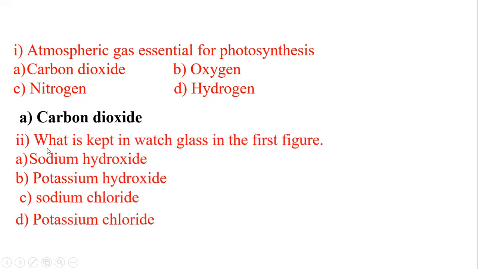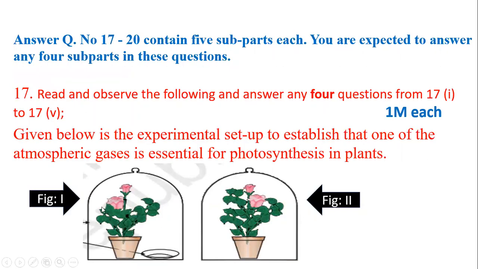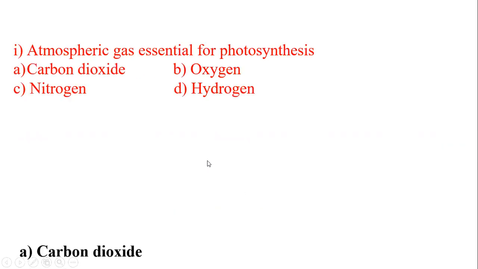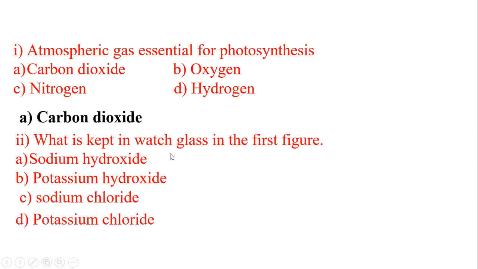Next, what is kept in the watch glass in the first figure? You can see in figure 1 there is a watch glass and they kept something in that. Have you remembered what was kept? Yes, potassium hydroxide. Why did they keep potassium hydroxide?